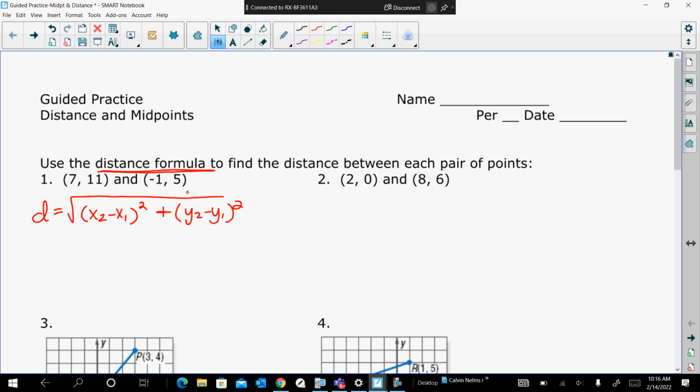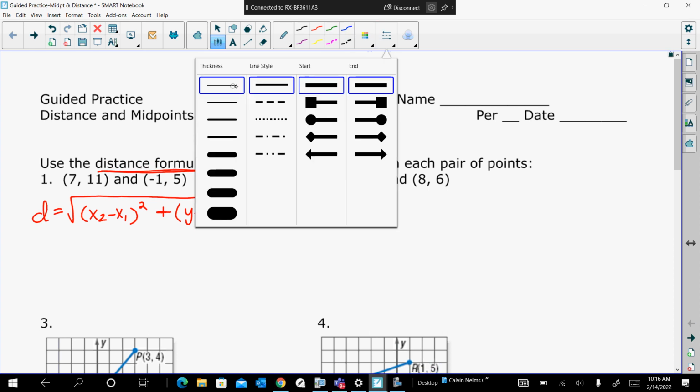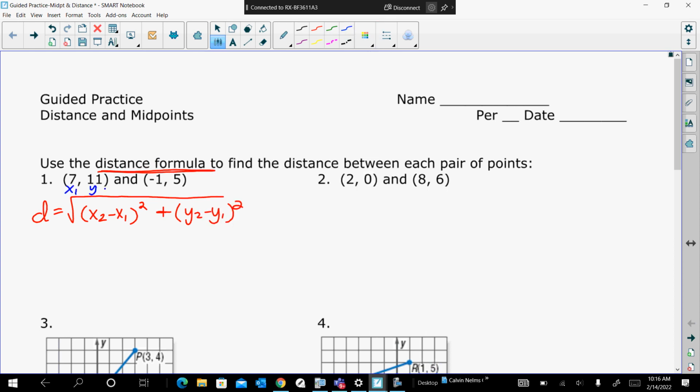So if I don't have a graph, then I need to pull the points, my x1 and my y1, my x2 and my y2, from the coordinates. I have to put the values from the coordinates. So I'm going to talk about the odds. You're going to do the evens. I'll come by and check for right or wrong answers when I stamp.